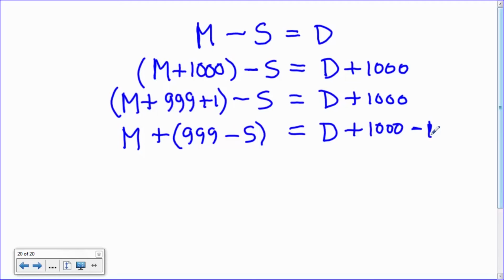I'm splitting the minuend up into 999 plus 1 because I want to subtract the subtrahend from it. And I split it up into 999. And the 1 that's there, I took to the other side, so I subtracted 1. So I should have added 999 to this side and added 999 to the right-hand side, and maybe it would have been easy for you to see.